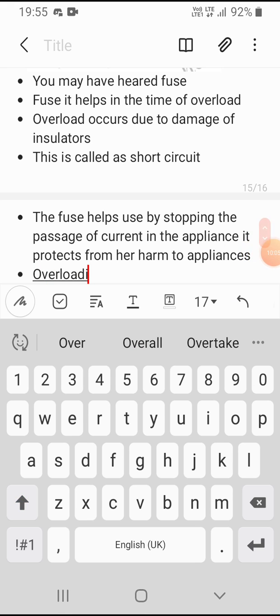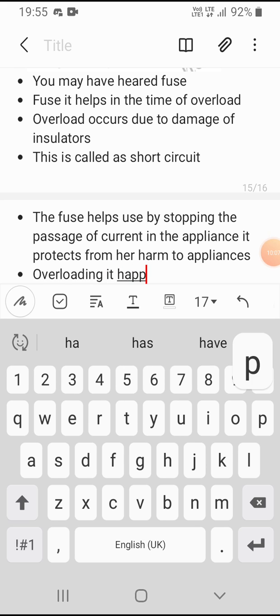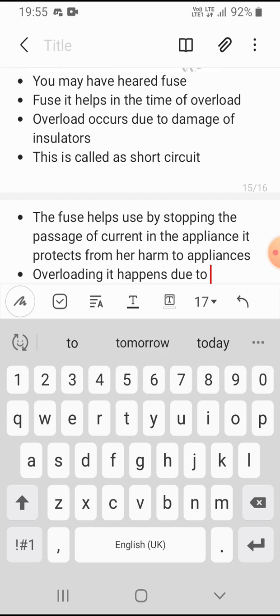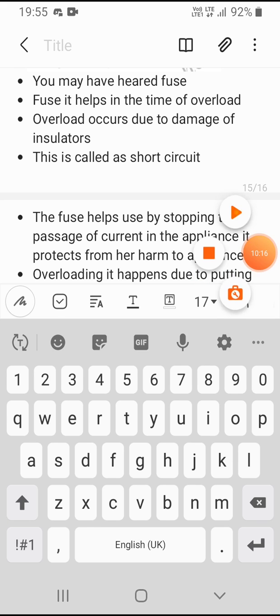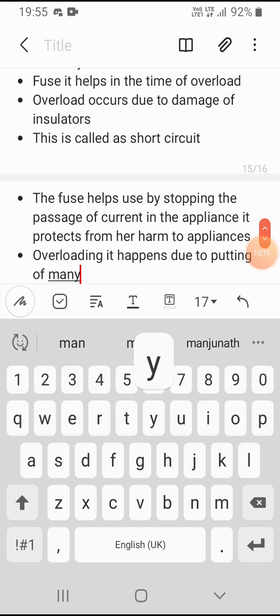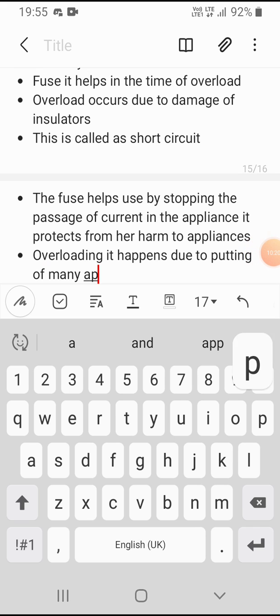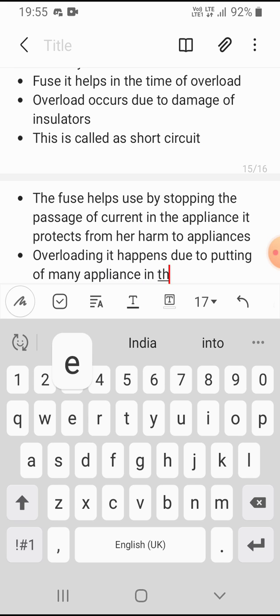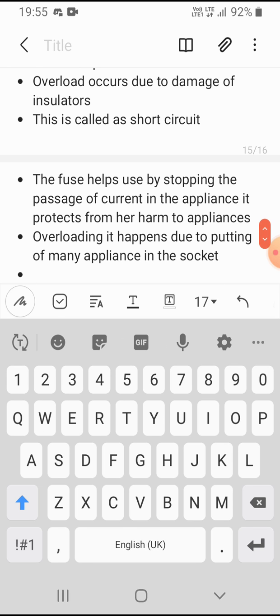Overloading, you may have heard. It happens due to putting too many appliances in the socket. You may have seen that sometimes you put 5 or 6 switches in the socket.